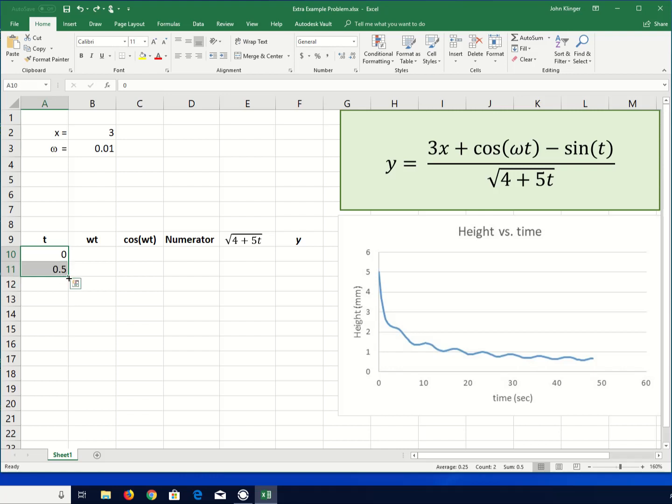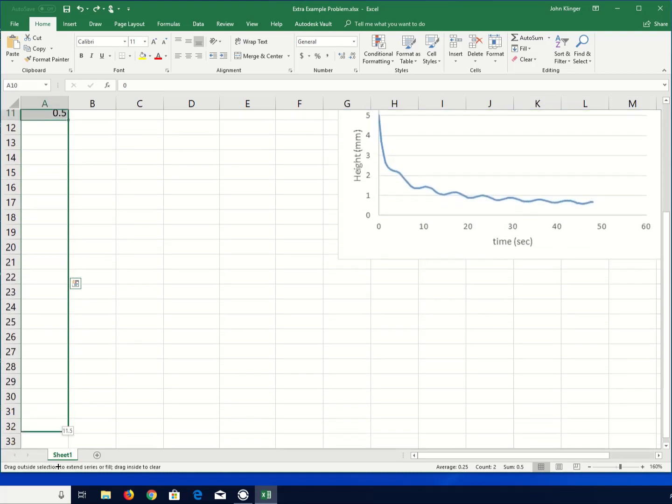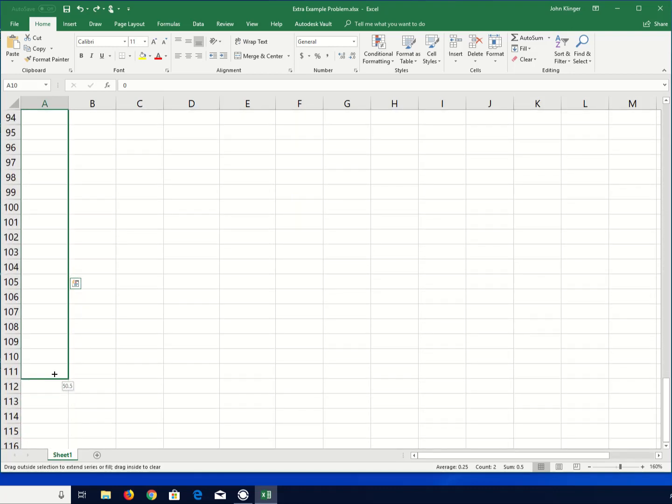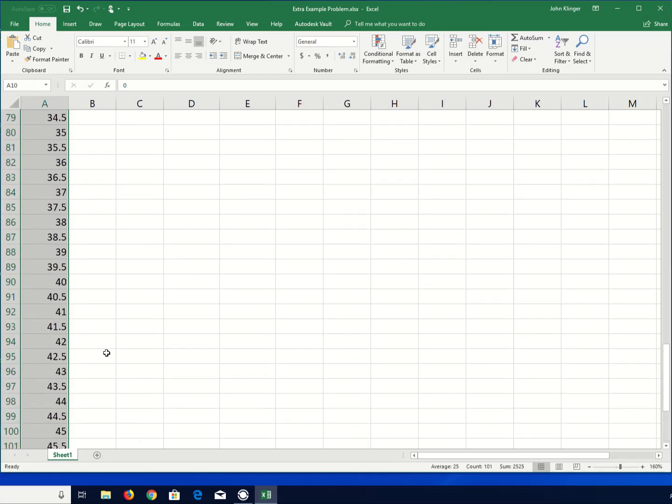And this is really easy to do. Again, we can highlight these two, and you will see as I drag it down, it will increment all the way up to whatever value I want. I'm going to go up to 50. There we go. And we'll automatically fill it in.